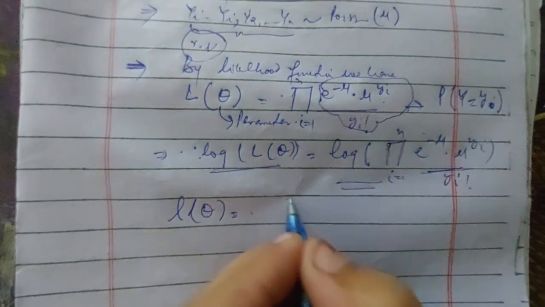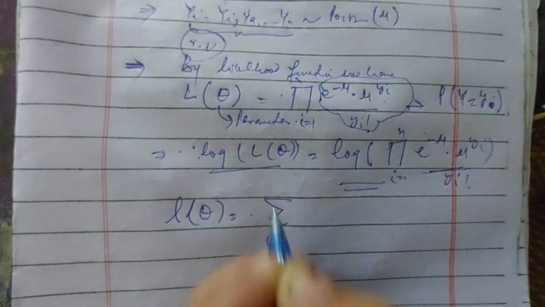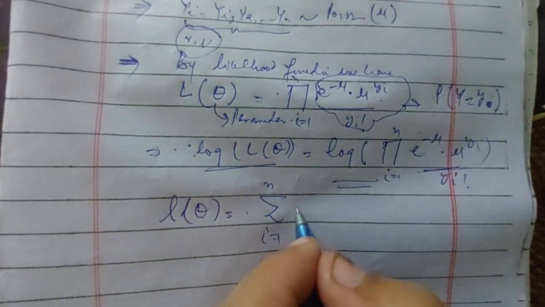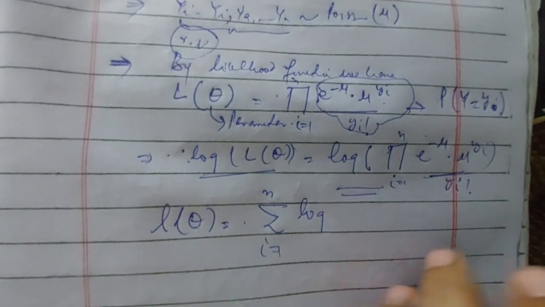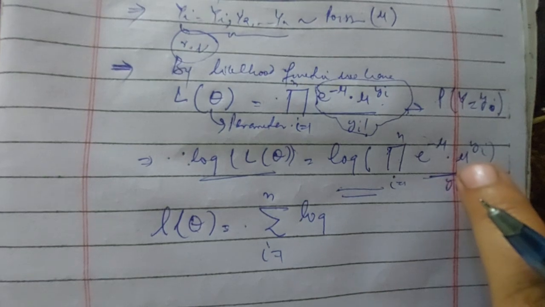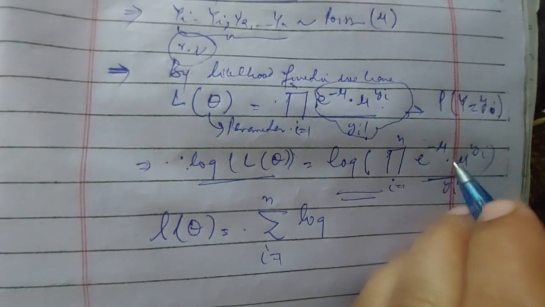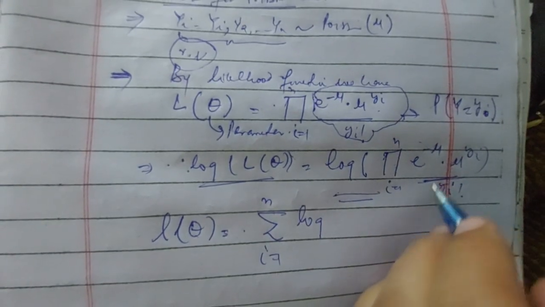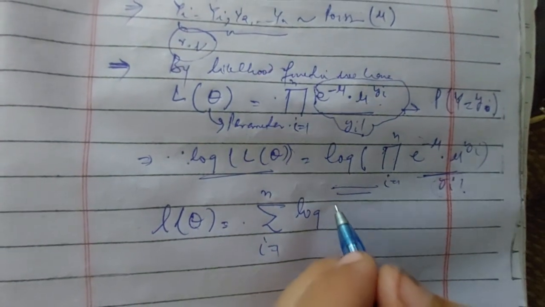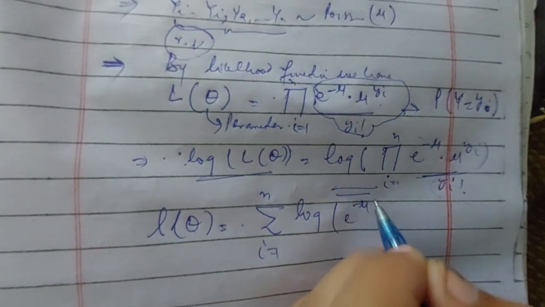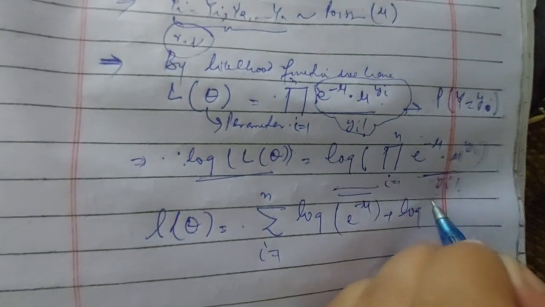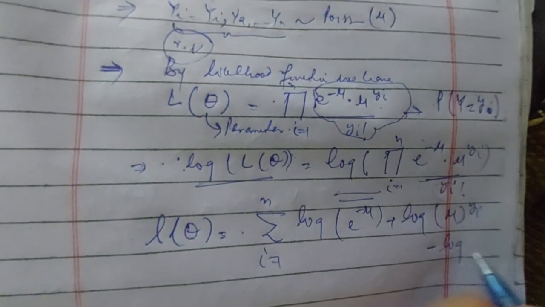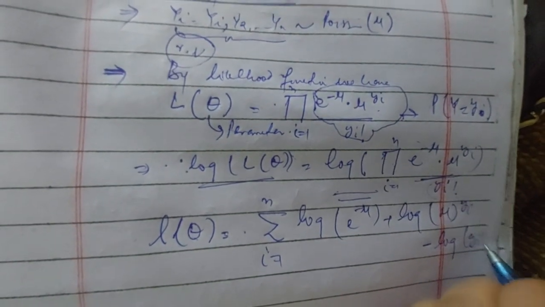So by taking log, it changes into a summation of log of these two multiplications, so it becomes addition, and minus log of this. So log of e raised to the power minus mu, plus log of mu raised to the power yi, minus log of yi factorial.